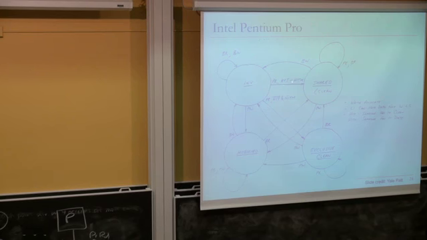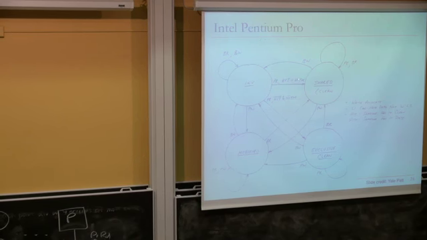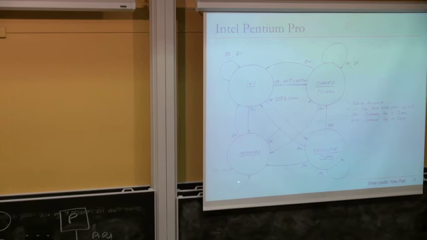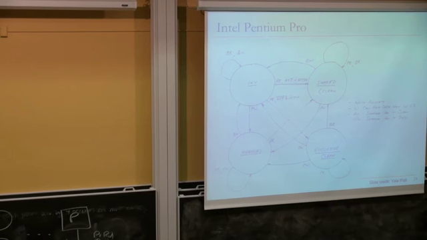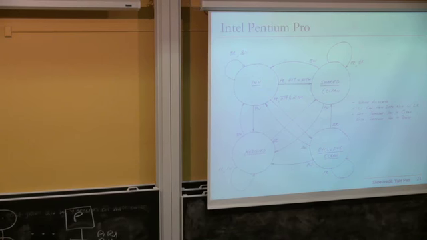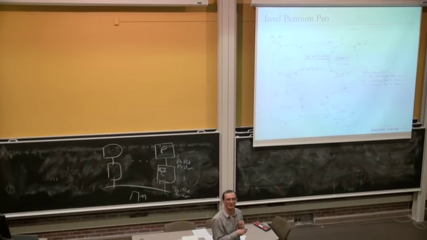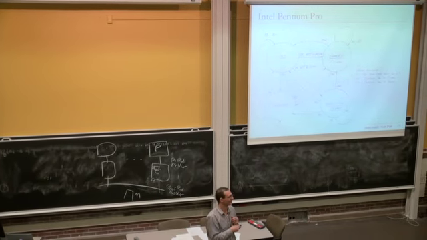In a processor read, if another cache has the data, you go into the shared clean state. If another cache doesn't have the data, you go into the exclusive state. And I guess I'll let you study this block, unless you have questions based on your studying so far. I don't want to go through this state diagram for the entire lecture, unless you want me to. Okay, good. People say no.